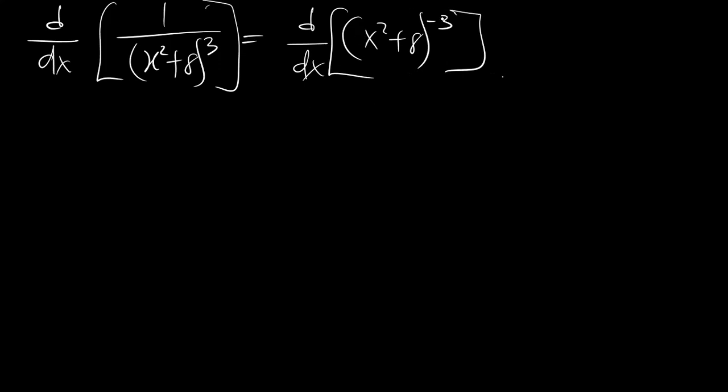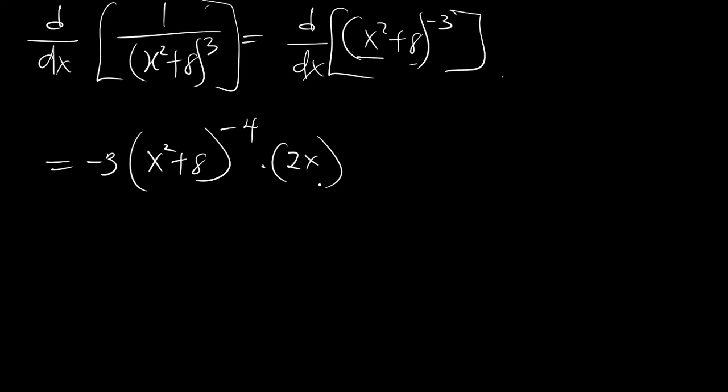Now we do the derivative with respect to the function inside, which becomes a power rule. So using the power rule, you have minus 3 into (x squared plus 8), raised to minus 3 minus 1, which gives minus 4, times the derivative of the inside, which is 2x.